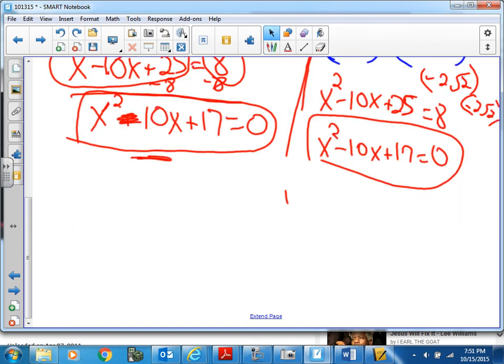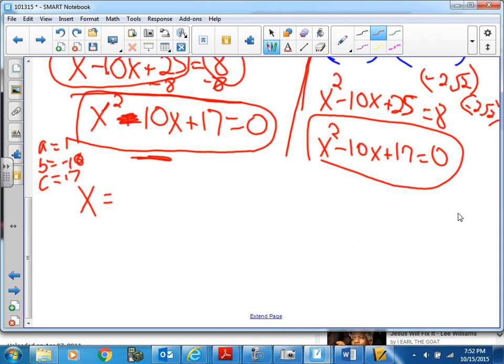Now, you might say, well, I don't believe that that's going to give me that solution. Well, we can check it. How am I going to check it? I can go through and solve it and make sure we get that root back. You're not going to factor this, so I'm going to jump right to the quadratic formula. You have x equals negative b, so our a is equal to 1, b is equal to negative 10, and c is equal to 17.